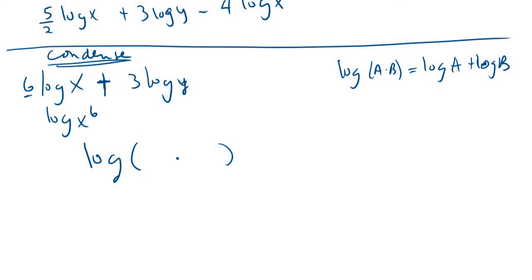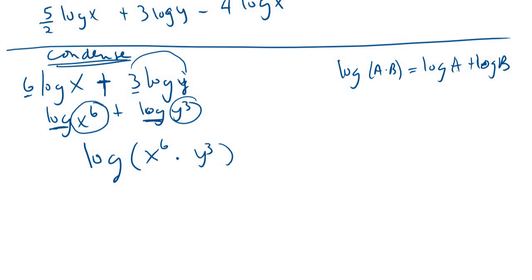The same thing here, we need to get this 3 over here, so it will be plus log y to the third. So now it's in log form, without any number multiplying it. So we're ready to combine it right now. We're going to combine the x to the 6th and y to the third, so it will be x to the 6th times y to the third.